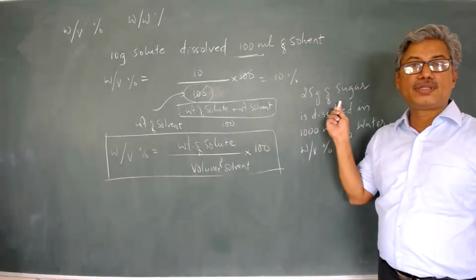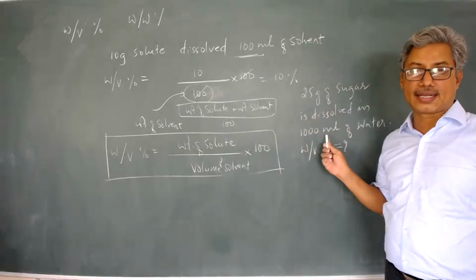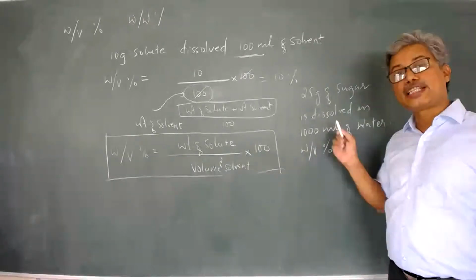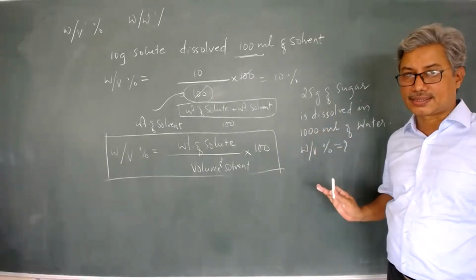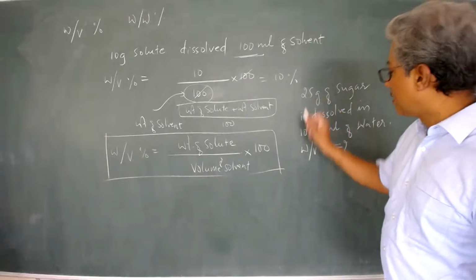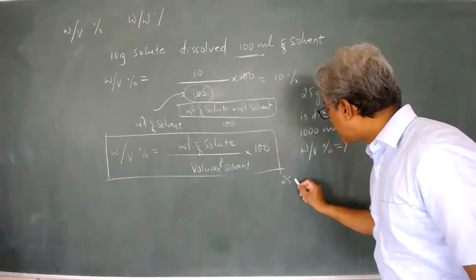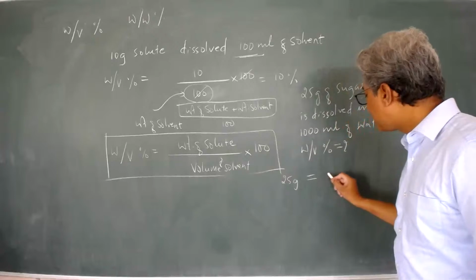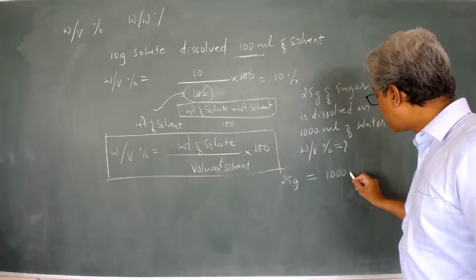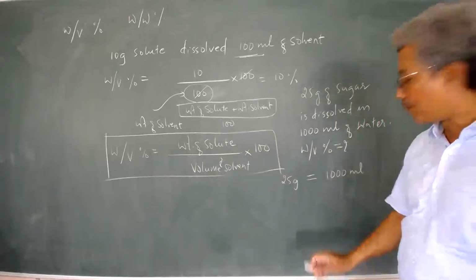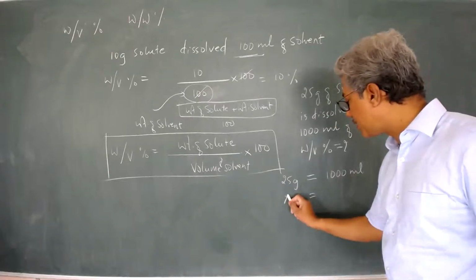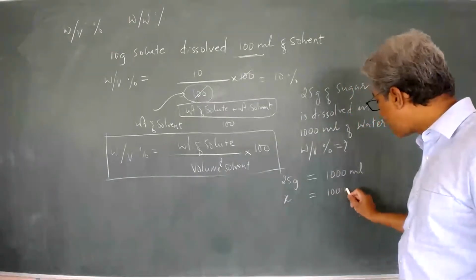25 gram of sugar is dissolved in 1 liter, that's 1000 ml of water. Then its mass by volume percentage is. See students, 25 gram is in 1000 ml. But we want weight of sugar in 100 ml.